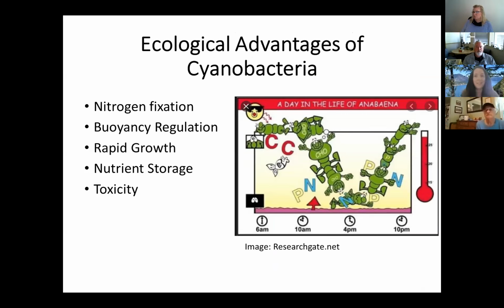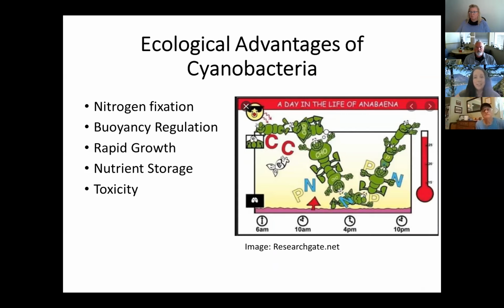So they're kind of a neat critter, even though they can produce toxins and be quite harmful. They have ecological advantages over just the regular algae in the water column. The first one is nitrogen fixation. Most algae in water need both nitrogen and phosphorus and other nutrients, but those are the big nutrients.